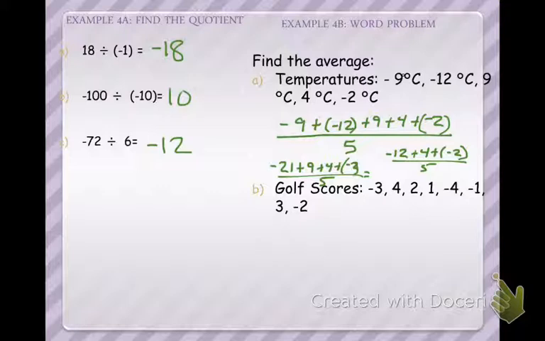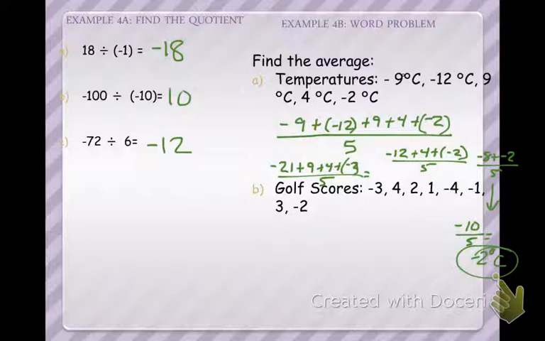Negative 12 plus 4 is negative 8, plus negative 2, over 5. I'm bringing it down, and it would be negative 10 over 5, which would make the average negative 2 degrees. Is it Celsius? Celsius. Woohoo! There you go.